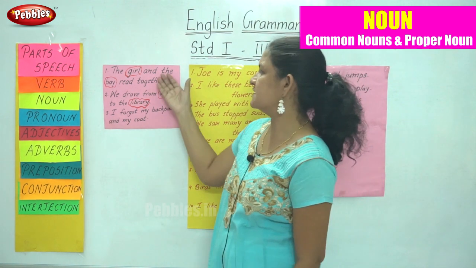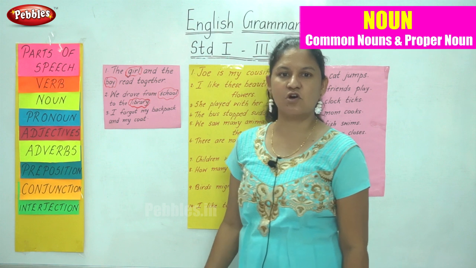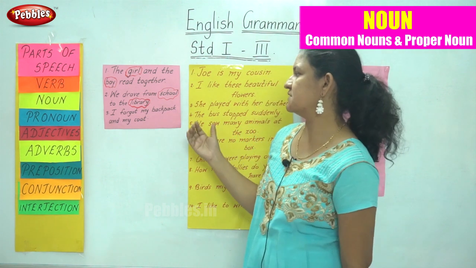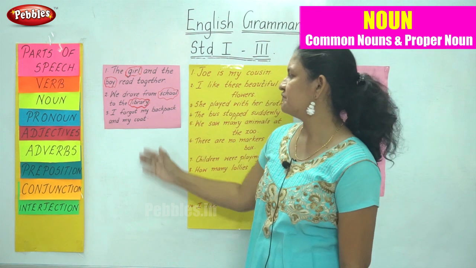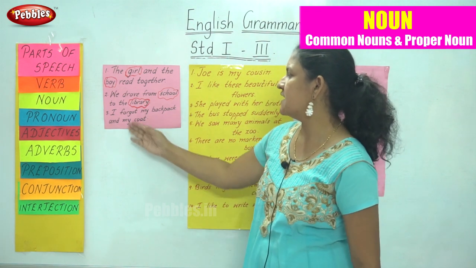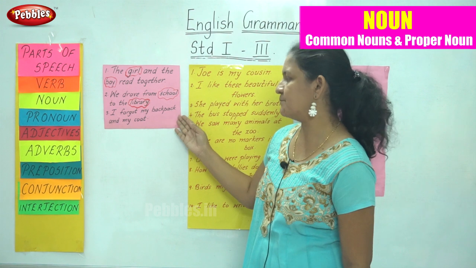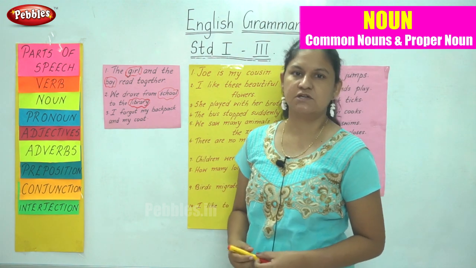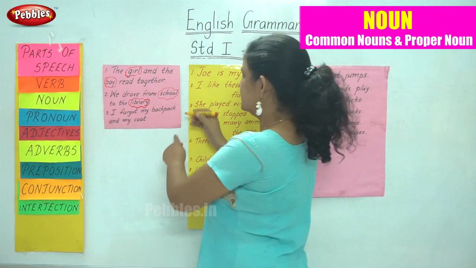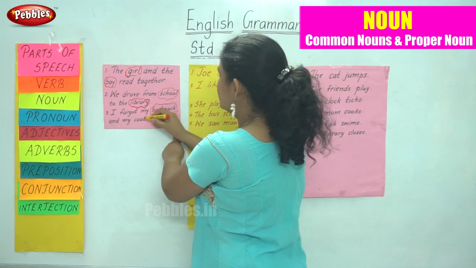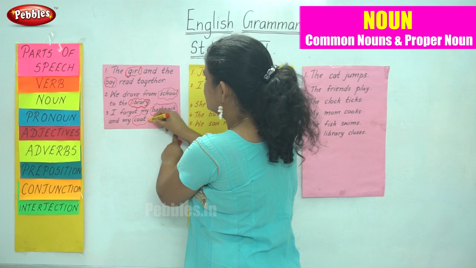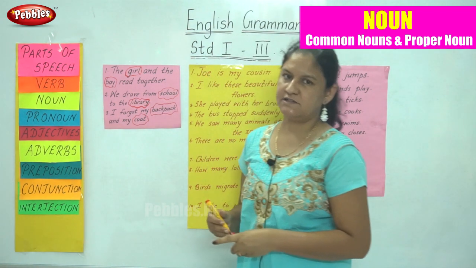In the first sentence, these two are names of people. In the second sentence, these are names of places. And the third sentence is: I forgot my backpack and my coat. So the nouns in the sentence are backpack and coat. So these two are names of things.